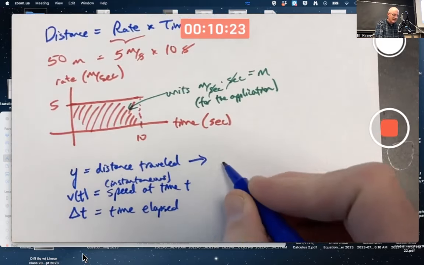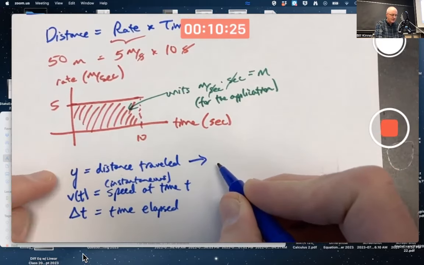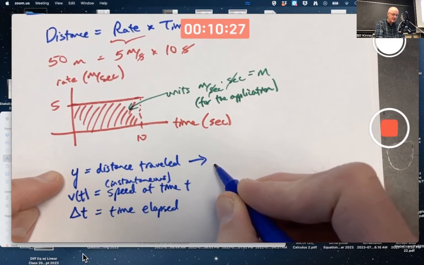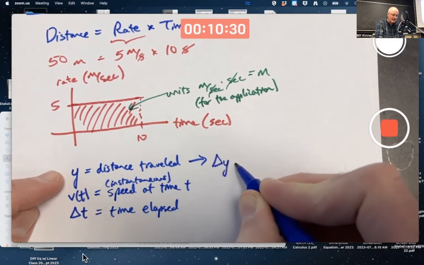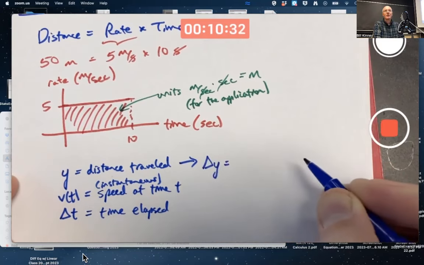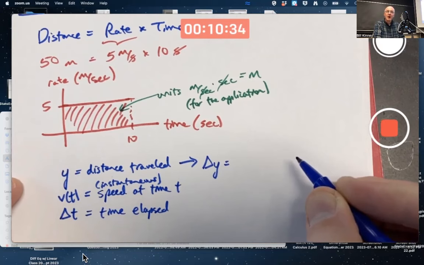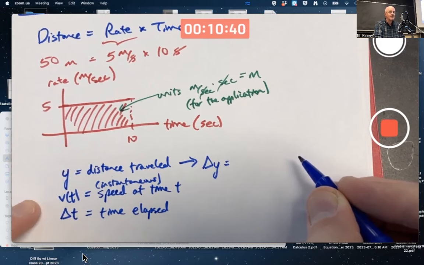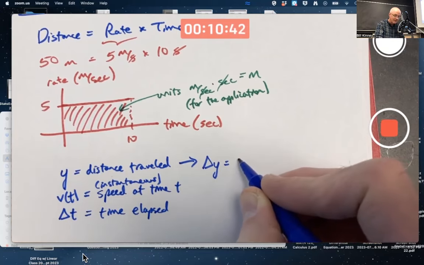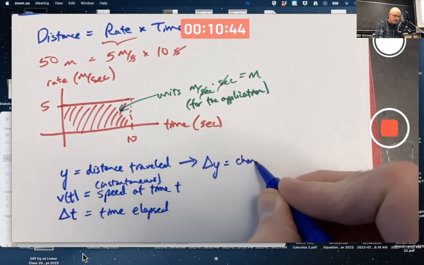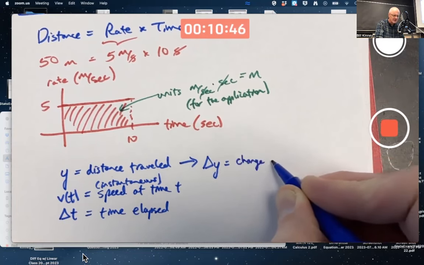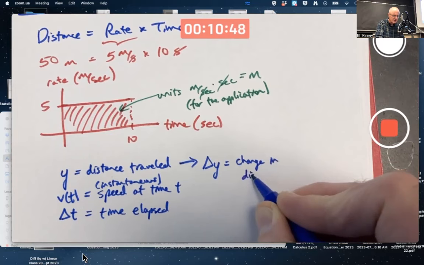Instead of dealing with the total distance traveled, I'm also going to deal with delta y as being a symbol for the small distance traveled over a small amount of time. The delta t here is ultimately going to represent typically a small amount of time. Let me call it change in position. Well, or I'll call it change in distance here initially. Change in distance.